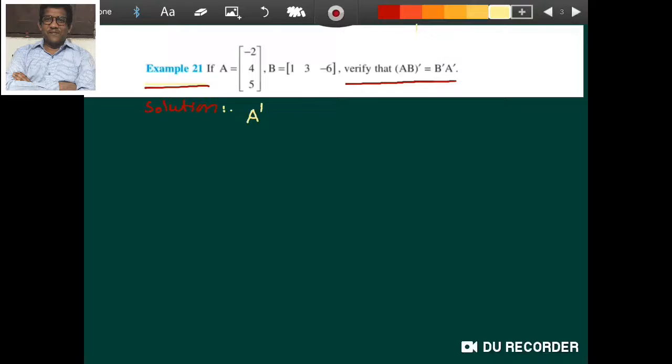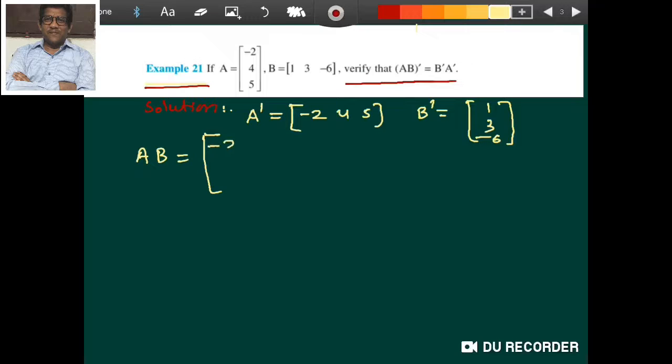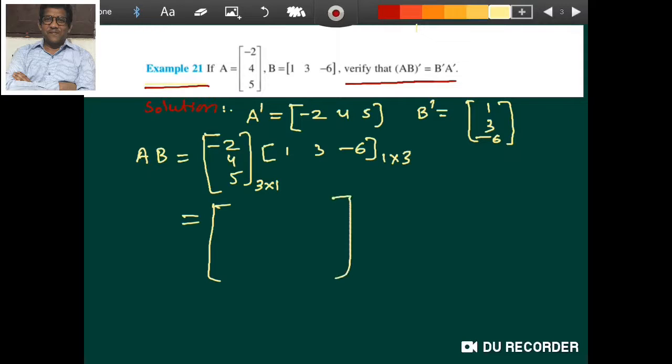Let us first find AB, A into B. Here A is a 3 cross 1 matrix and B is a 1 cross 3 matrix, so the resultant matrix is 3 cross 3.